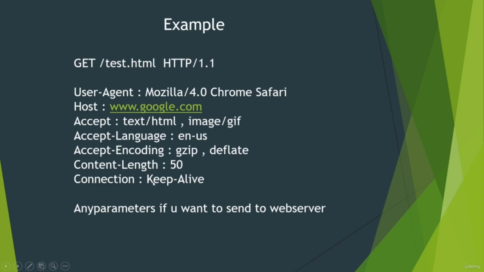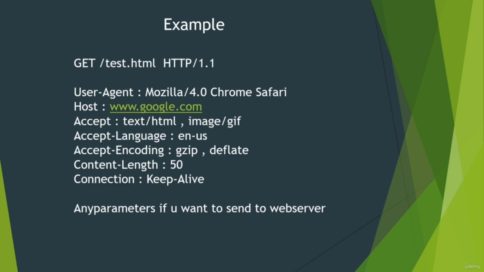That means in one connection you can send multiple requests and responses. And down here you can send any parameters if you want to send to the web server. Since this is our GET request, we don't need to send any parameters in most situations.